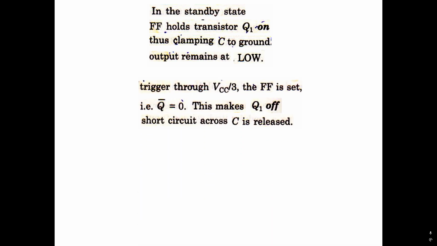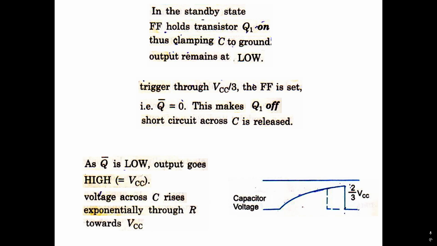In the standby state, the flip-flop holds transistor Q1 on, thus clamping capacitor C to ground. Output remains low. When triggered through VCC by 3, the flip-flop is set, that is Q bar equal to 0. This makes Q1 off, and the short circuit across C is released. As Q bar is low, the output goes high, almost equal to VCC.